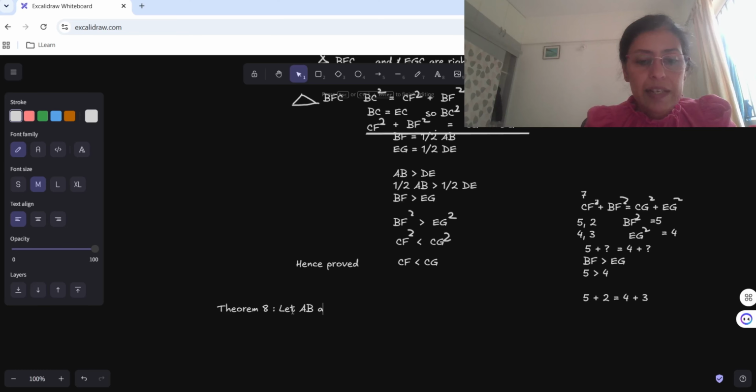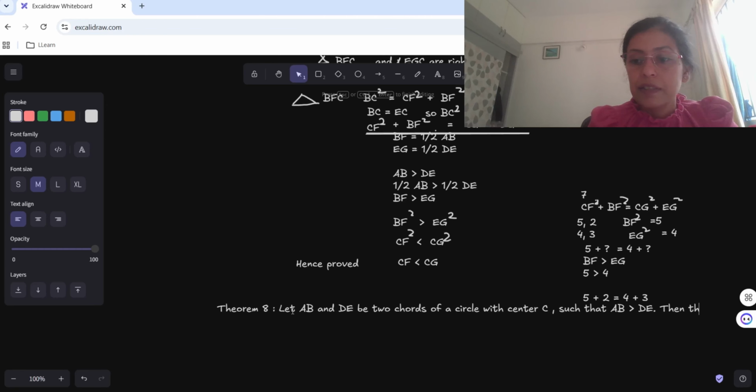So we'll say let AB and DE be two chords of a circle with center C such that AB is greater than DE.